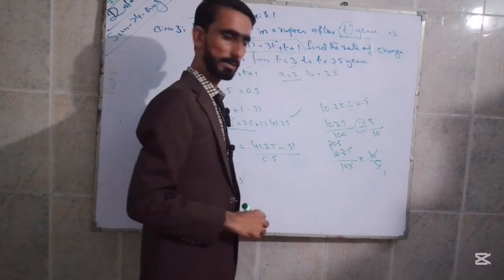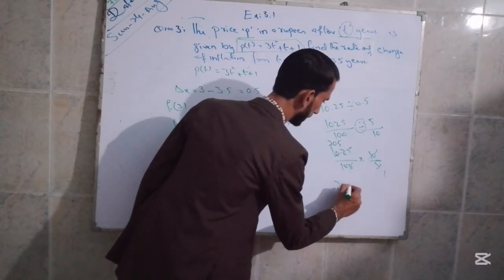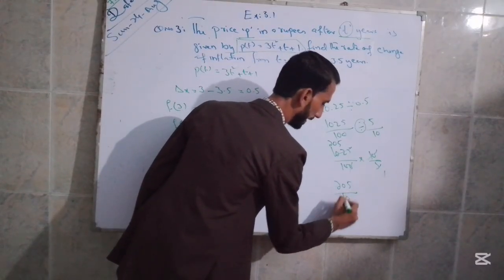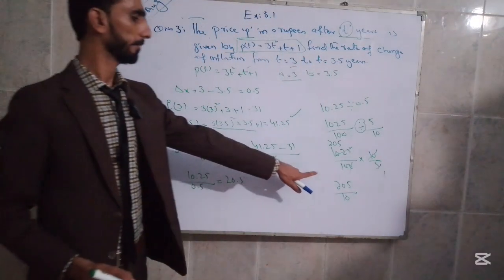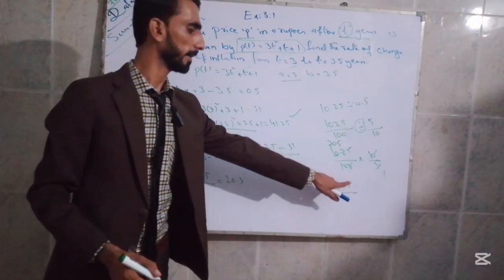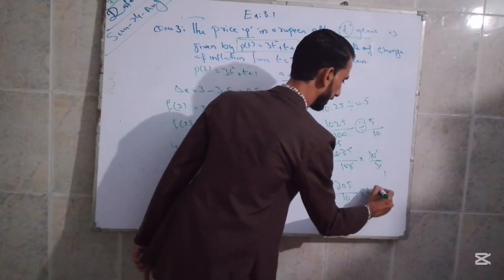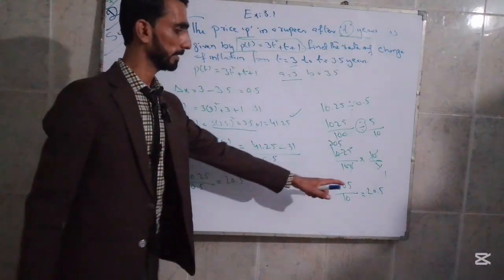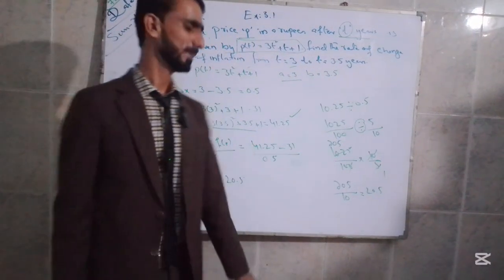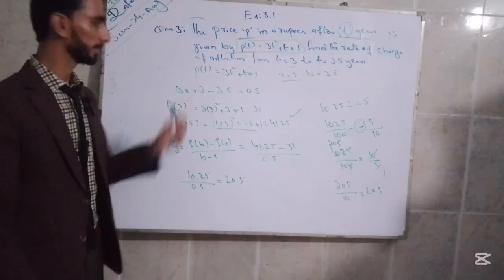Okay, are you getting my points? Now remaining is 205 upon 10. If we divide 205 by 10, it is 20.5. This is the required answer of this question.